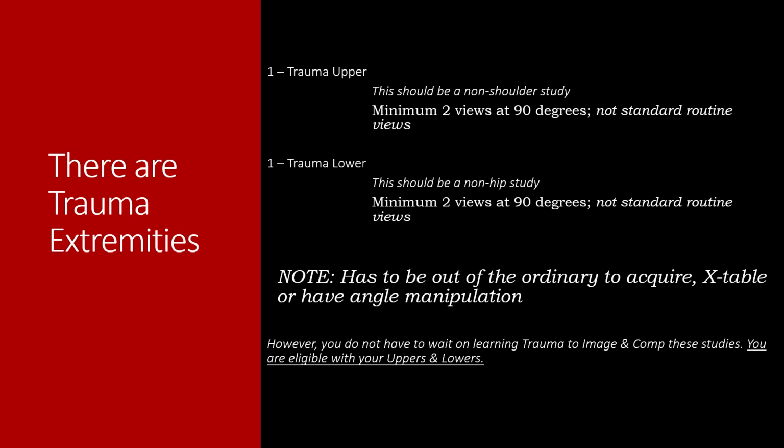Same thing with your lowers: minimum 2 views, 90 degrees from each other, not your standard routine views. It has to be out of the ordinary to acquire. So cross table, angle manipulation is what you should be doing, not just because it says trauma on your paperwork. So those you should already be testing on. I just wanted to clarify what those mean.